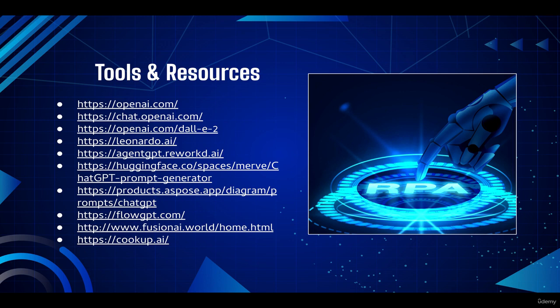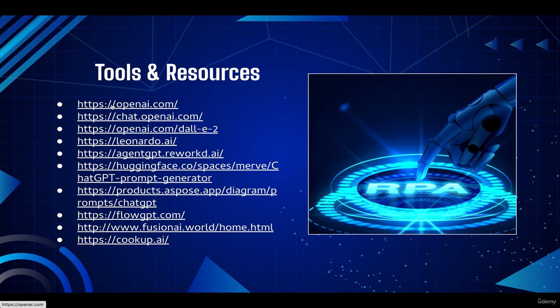In this video, I'm going to provide you with a list of tools and resources that we're going to be utilizing in this course. So there are four main tools. The first one is OpenAI.com, the second one is ChatGPT, the third one is DALL-E, and the fourth one is Leonardo AI. So for those of you who don't know this, ChatGPT and DALL-E are products of OpenAI.